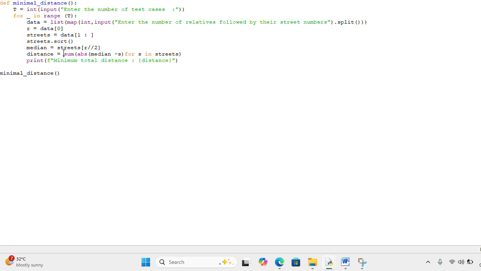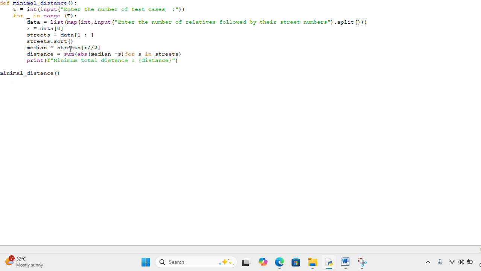To find the distance, I have written the sum of abs of mid minus s for s in streets, that is median minus the street numbers, and we have to sum it. The minimal distance can then be calculated and stored in the distance variable. This is all about the code.